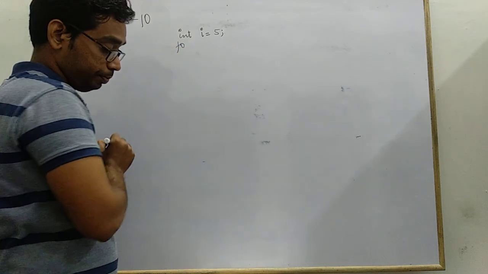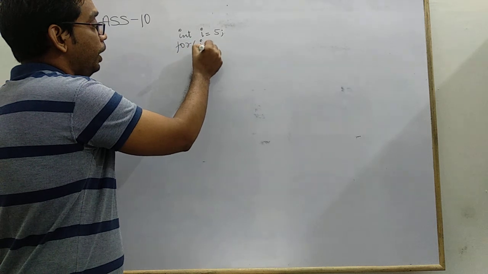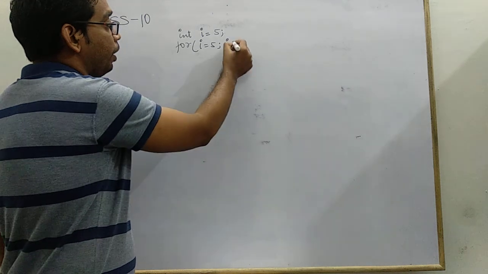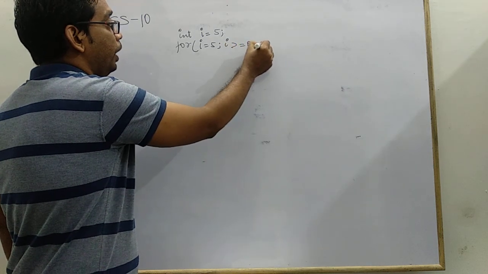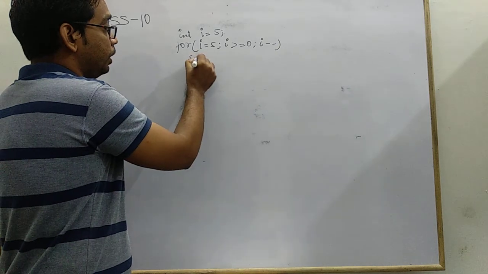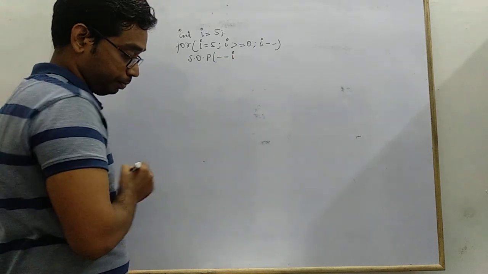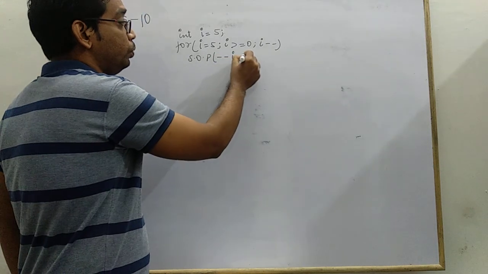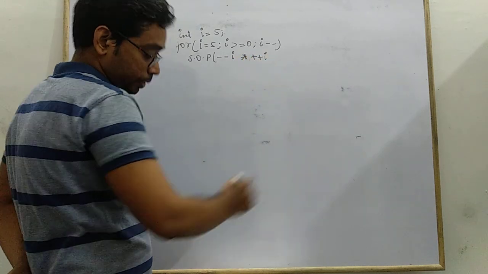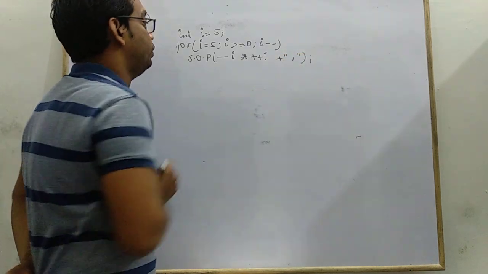Now for (i = 5; i >= 0; i--), and inside this the SOP statement is there: SOP(--i * ++i, ), and close the braces.